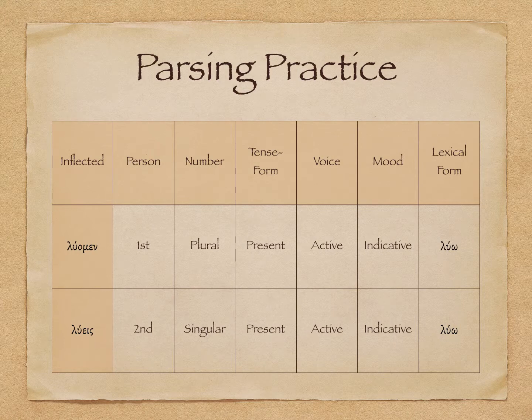Lueis, second person singular, present active indicative of luo. So we have luomen and lueis. And we'll practice our parsing in each session where we have new components of words, and you'll do a good bit of this in your workbook exercises as well.